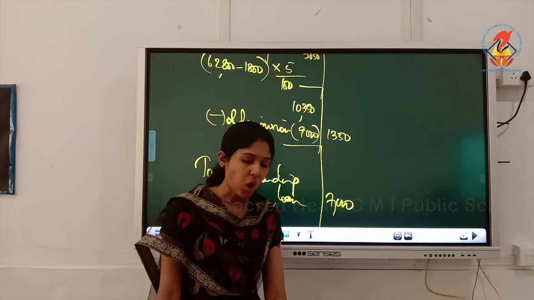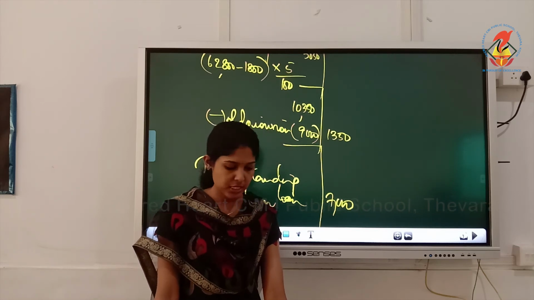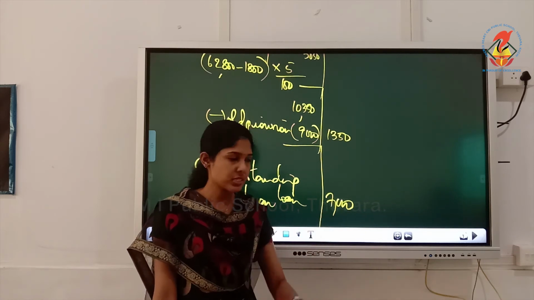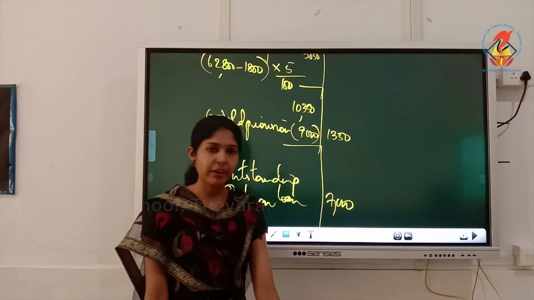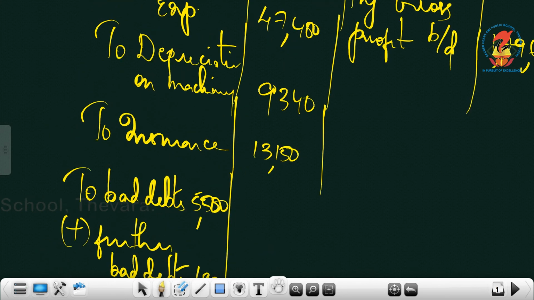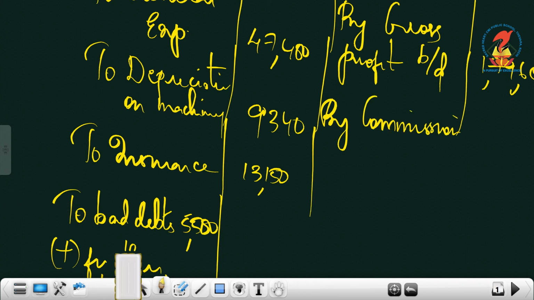Always when you see a tick mark, you have to read the adjustments immediately. Sales, purchases, motor car: motor car is an asset for the firm, not an expense, so it should go to the balance sheet. Provision and existing bad debts we have already considered. Commission, credit, means it's an income which must come on the credit side, so write it as by commission. That's why they have written credit within brackets. If it was simply commission and nothing was mentioned, you can take it as paid.